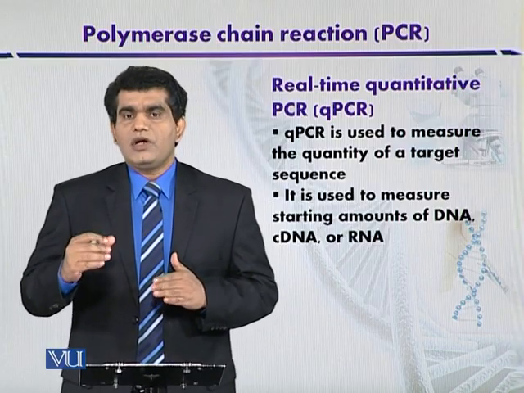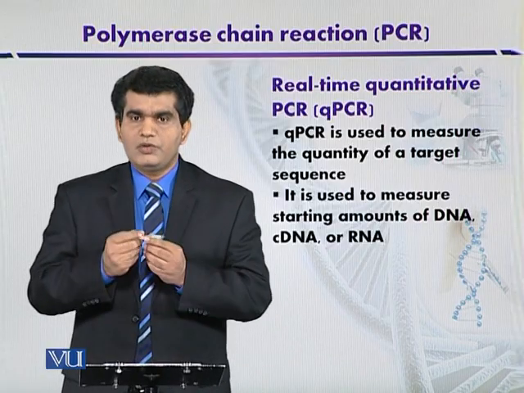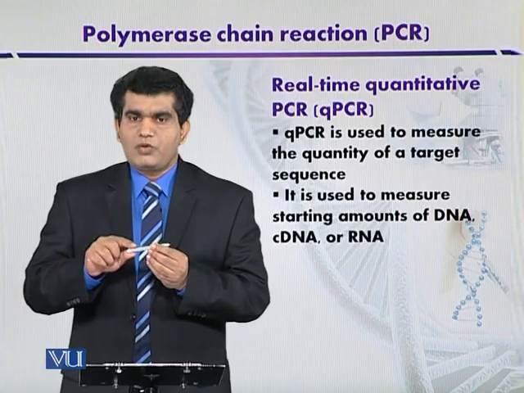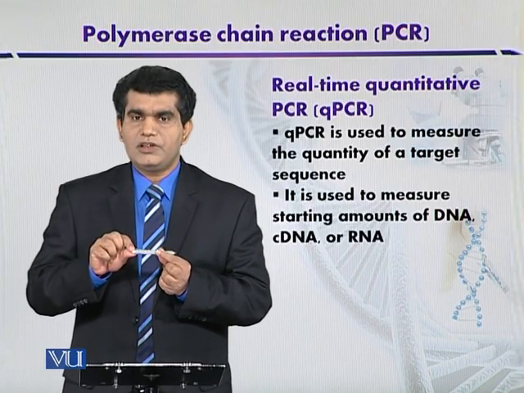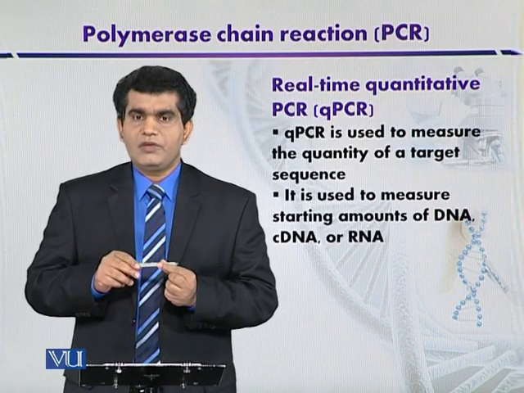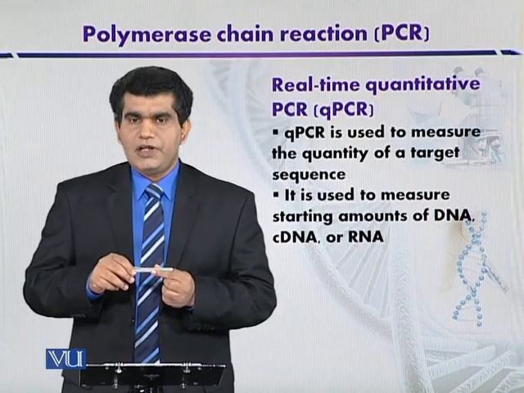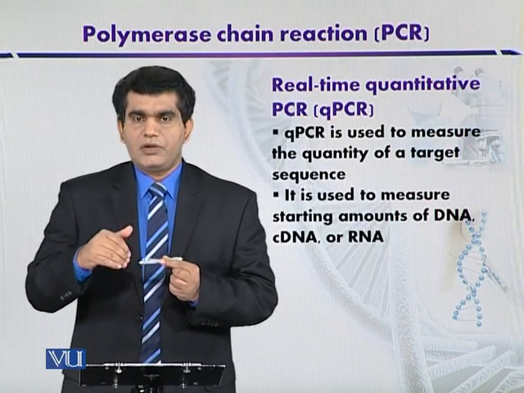Now, what is the role of the quencher at the 3' end of the probe? Suppose it is a probe: at the 5' end, fluorescent dye is there, here the quencher is there, and the quencher, because of the close proximity with the fluorescent dye, can absorb its radiation so that fluorescence is not recorded.